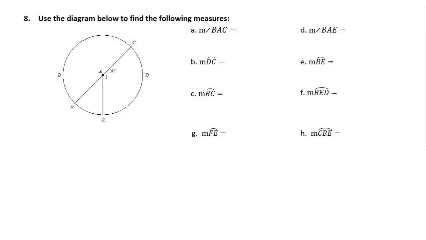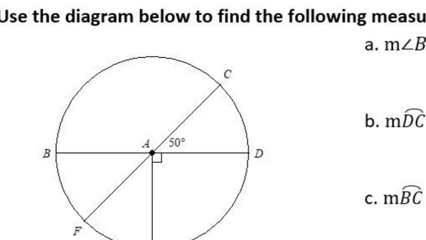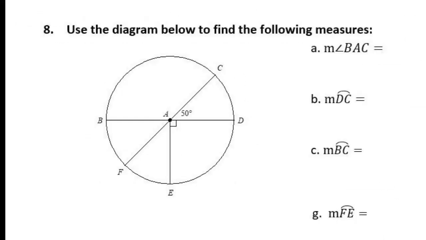Number 8. This guy right here says use the diagram below to find the following measures. So when I look at this, I see this circle has been kind of all chopped up with angles. What do we call angles that have their vertex, their point, right at the center?